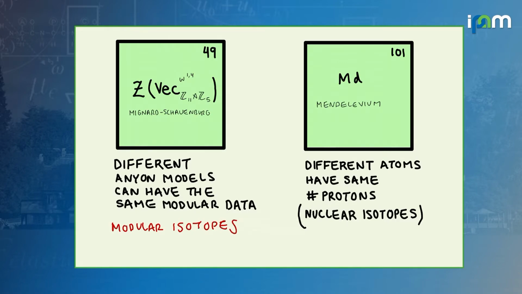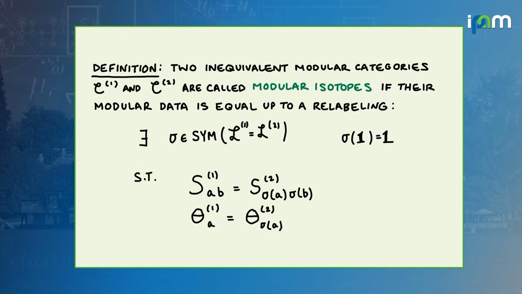All right. Now, this data here in this table, I'll explain a bit about now. But maybe first I want to be really careful about mathematically what I mean by a modular isotope. So we've talked about what it means for two modular categories to be the same. But if you have two that are definitely not the same, so if they're inequivalent, then we're going to call them modular isotopes if their modular data is equal up to relabeling.